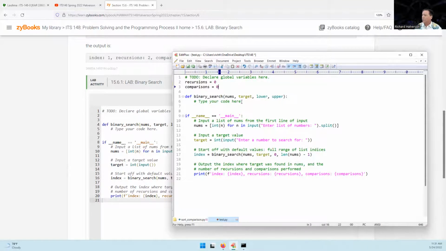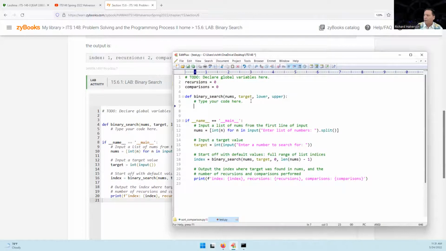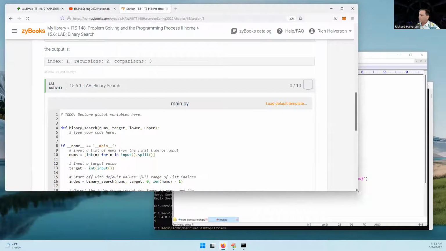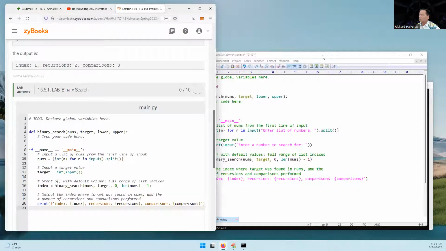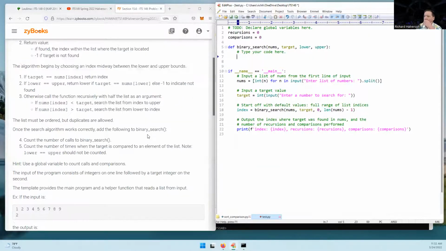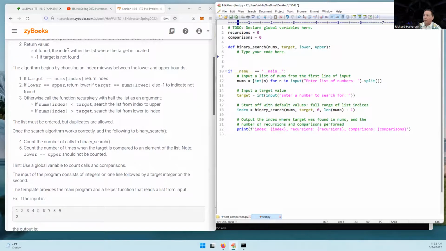And okay, binary search. So we have an array, a list called nums, and we're looking for a target. So the first thing it suggests we do, I'm going to use the suggestions here. The algorithm begins by choosing an index midway between the lower and upper bounds.